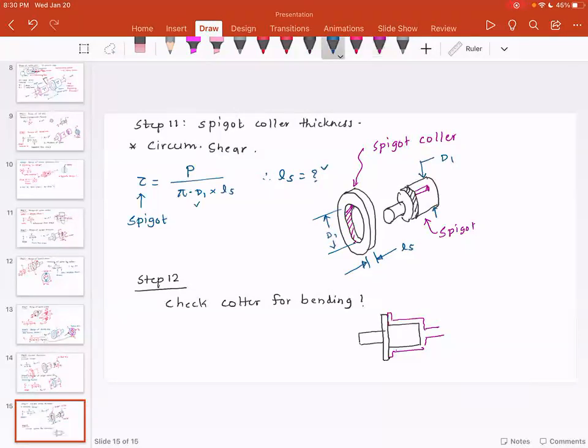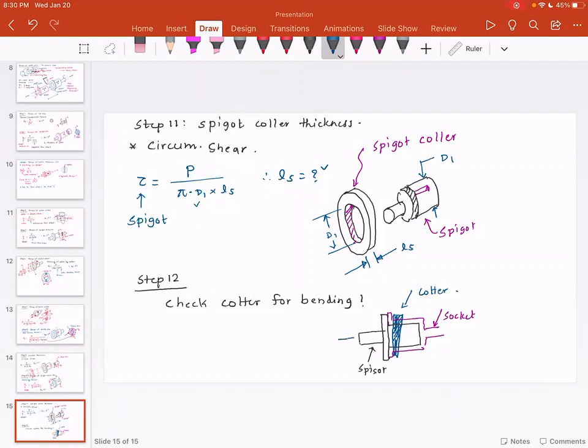And here we have a cotter. So this guy is the cotter. This is socket. This is spigot. And this is cotter.